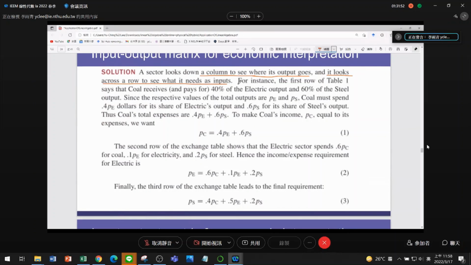And all right, so here it says, for instance, the first row of table 1 says that the coal receives 40% of electric output and 80% of the steel output.